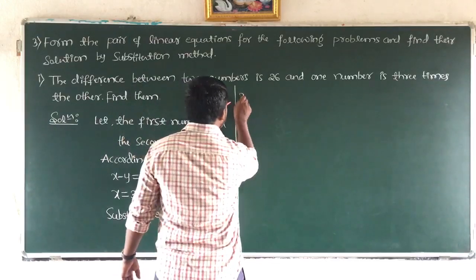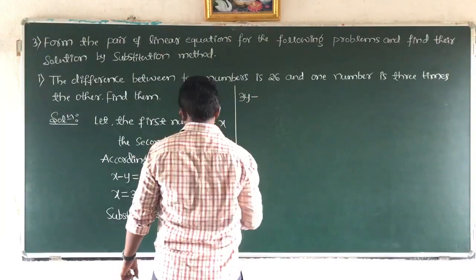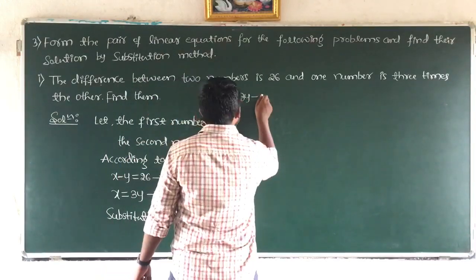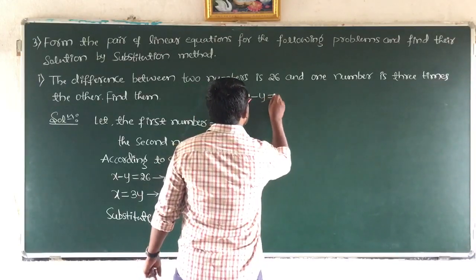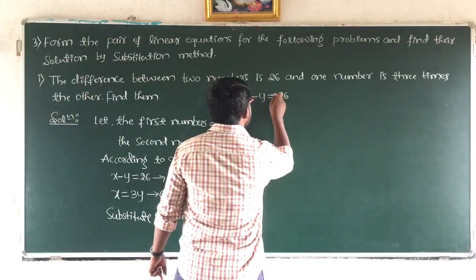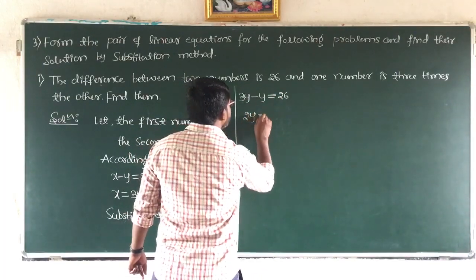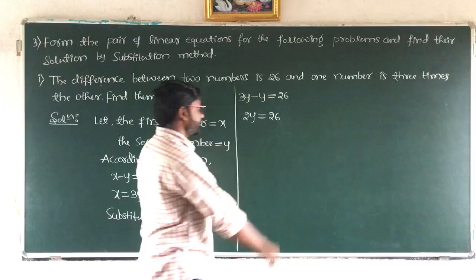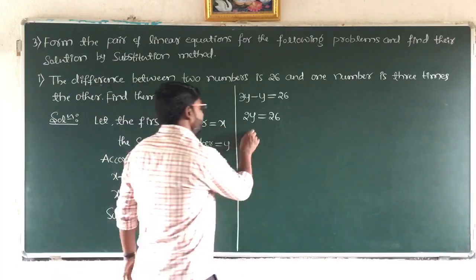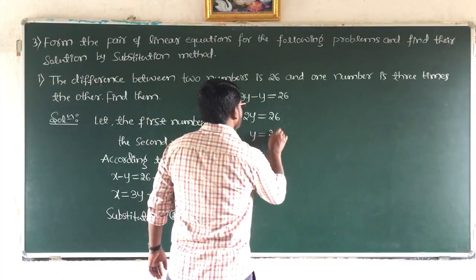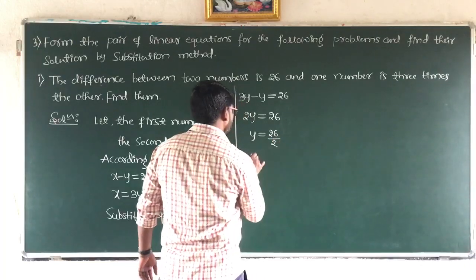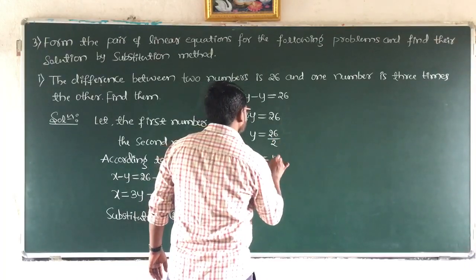So it is 3y minus y equals 26. Now 3y minus y will be 2y, which equals 26. Now y equals 26 divided by 2, y equals 13.